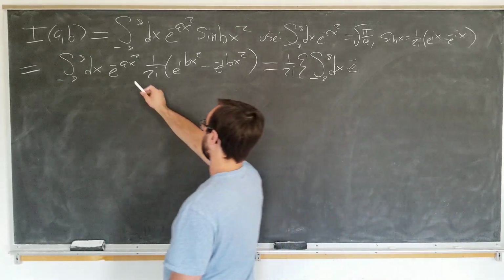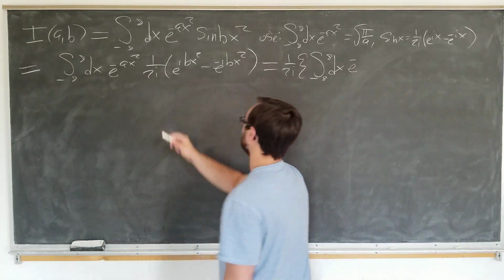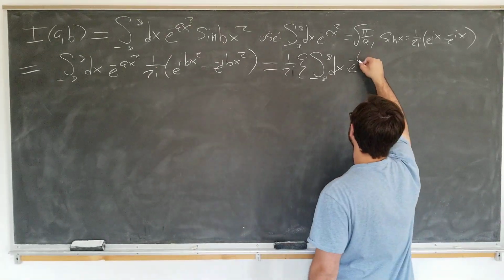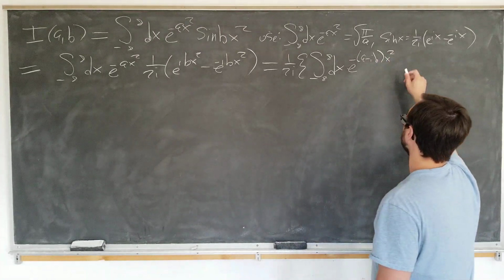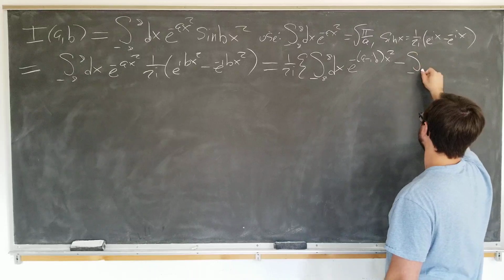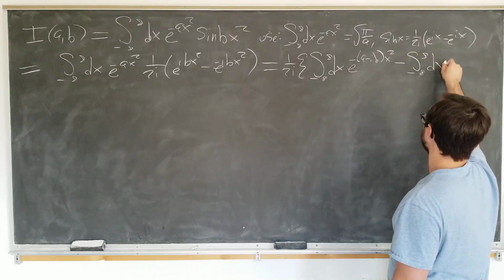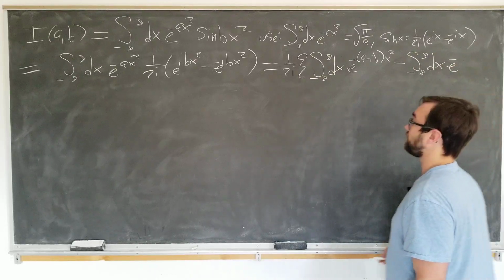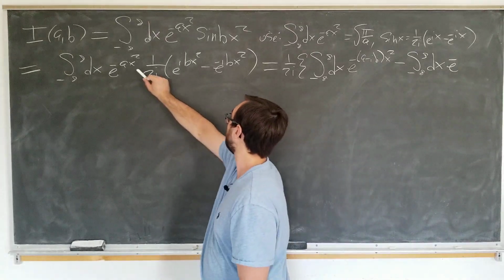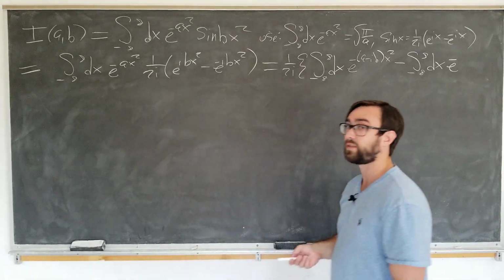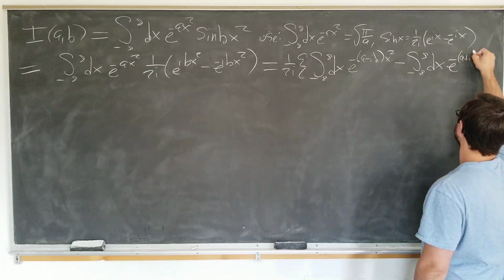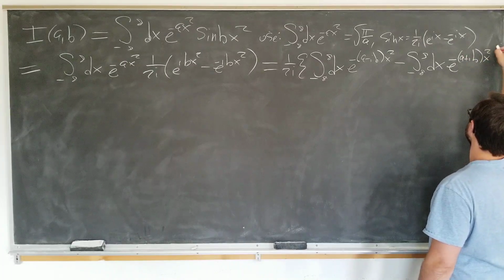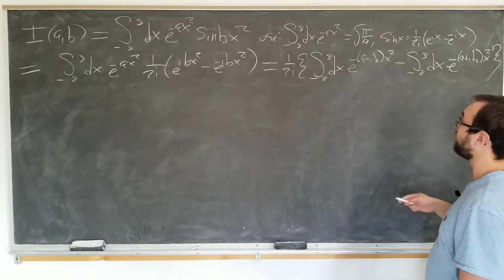So we have minus a minus ib here, times x squared, of course. And there's another integral as well. There's e to the minus a plus ib, with an overall minus sign on that one. And there we go. Now we just apply this formula up here.